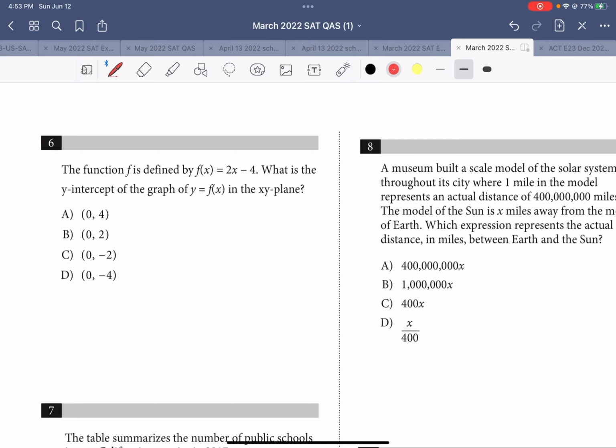What is the y-intercept? Y-intercept means you set x equals 0 and solve for y. So y equals 2 times 0 minus 4, so negative 4. So 0 comma negative 4, answer D.